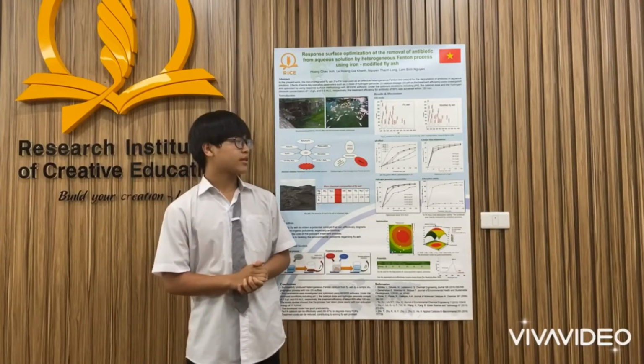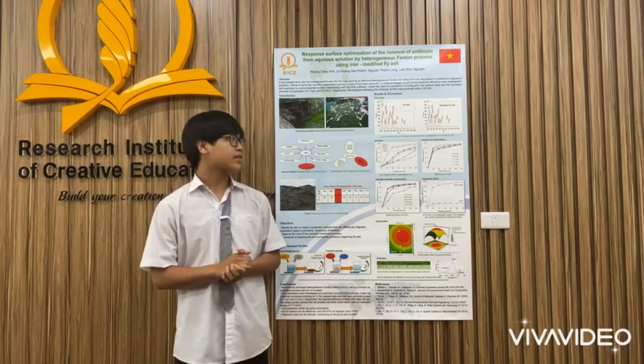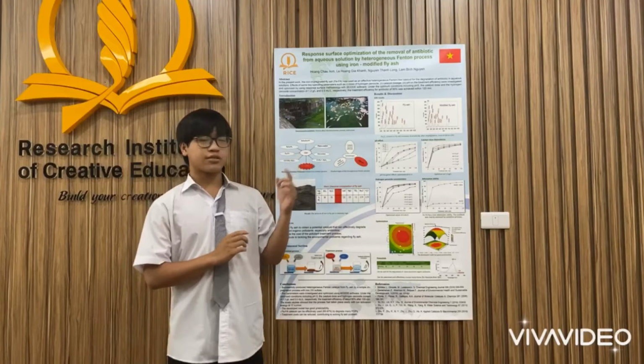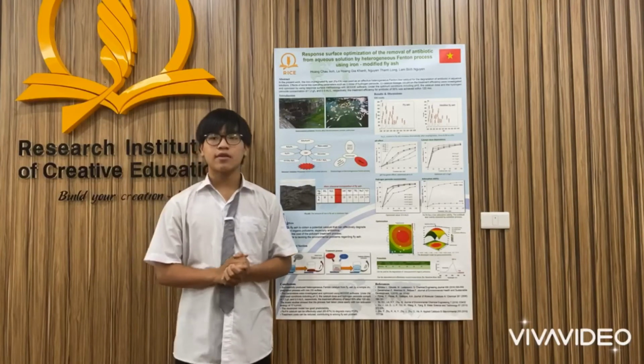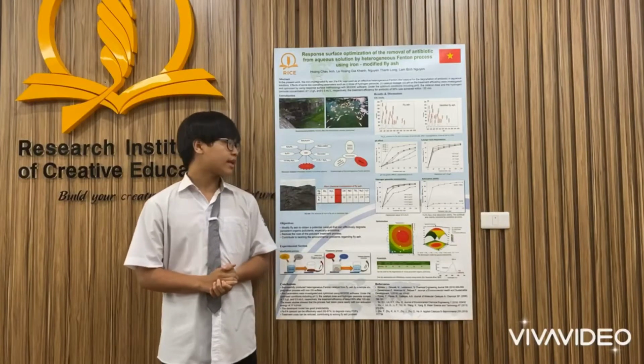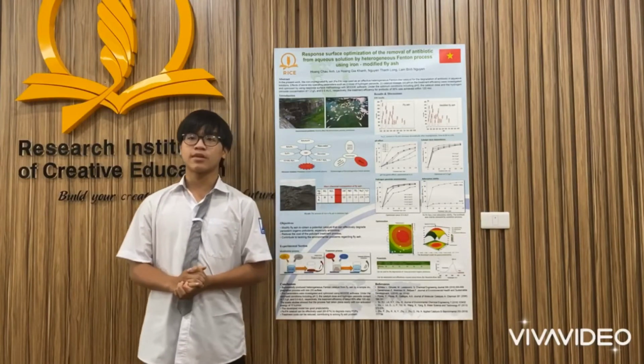In order to treat them, the advanced oxidation process using hydroxyl radical as a strong and non-selective oxidant is known to be the most suitable technique and the only solution available in some cases.